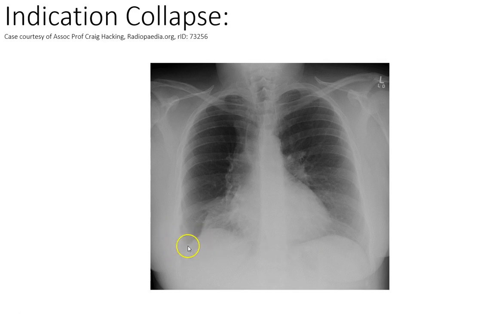But definitely there's something going on here, isn't there? It's lost its distinction on this hemidiaphragm, and again the heart border has lost distinction there. On this side, it looks a bit clearer.